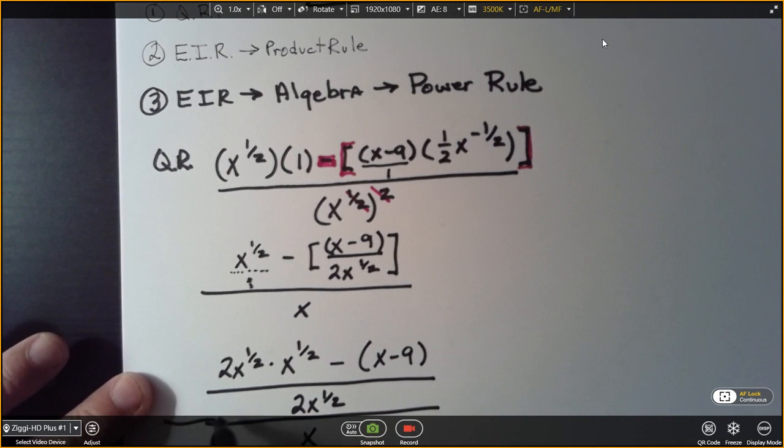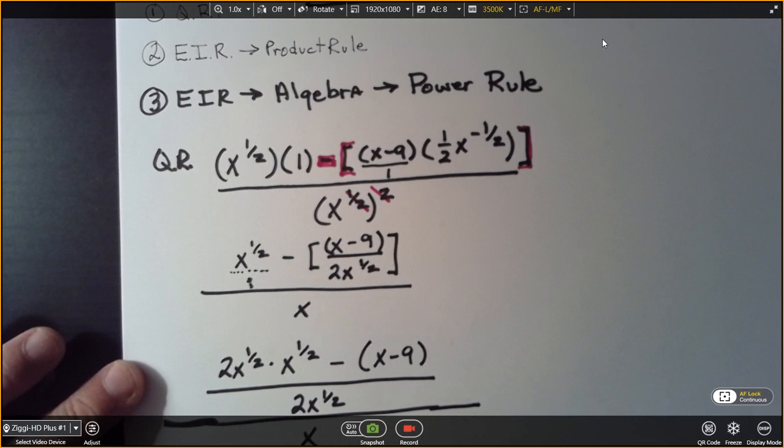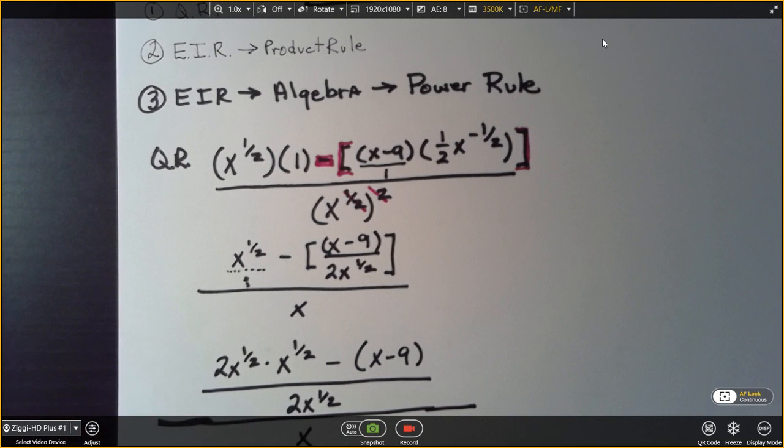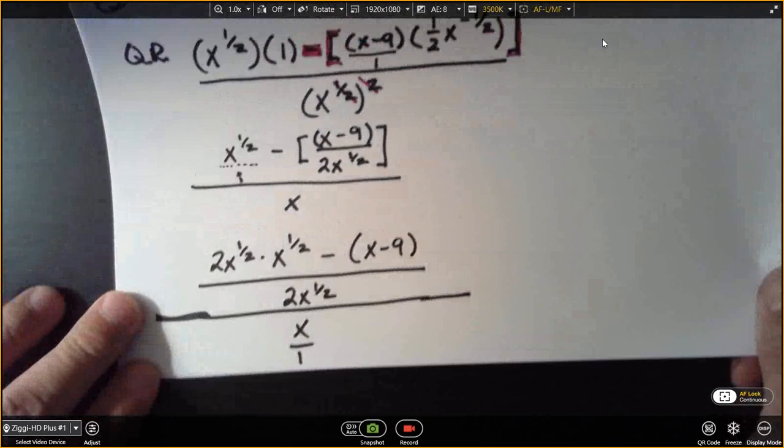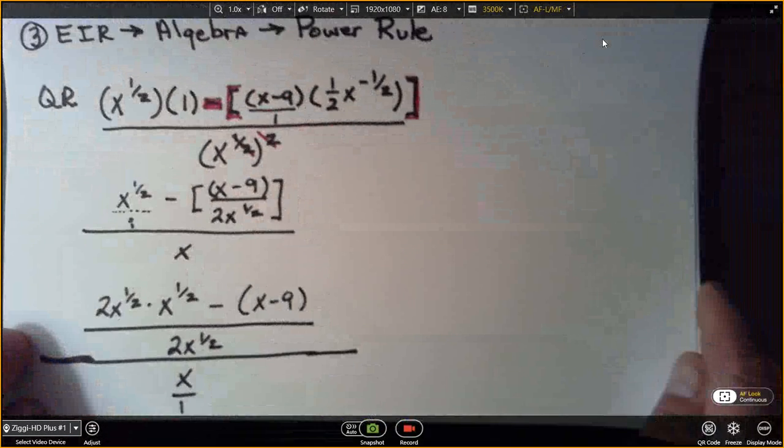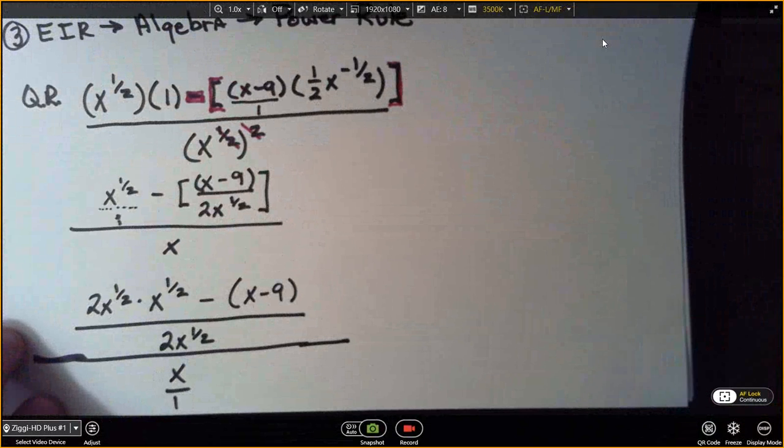I'll make this fraction bar a little bit bigger, x over 1.